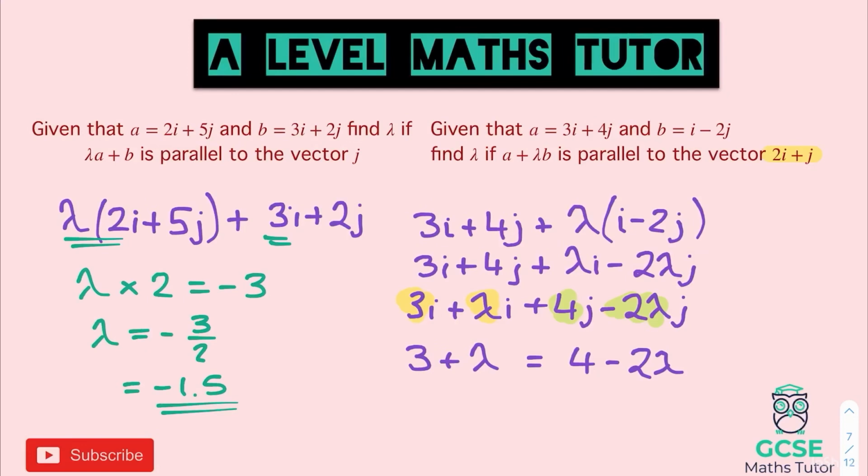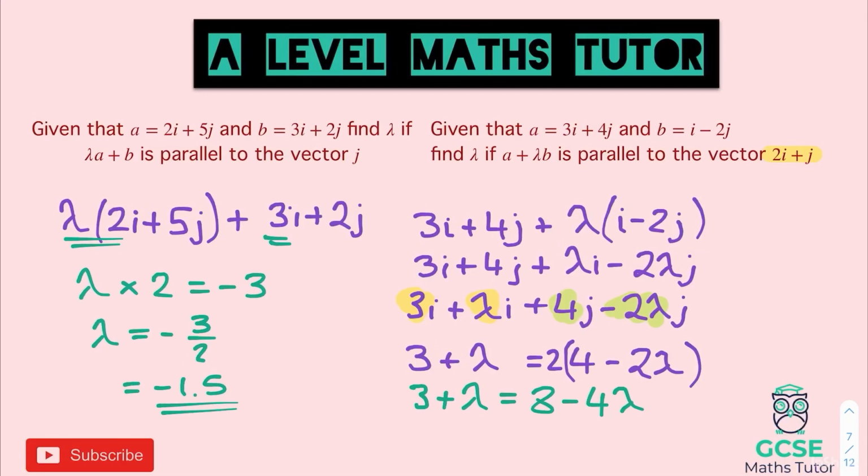Now let's look back. It says it's parallel to the vector 2i plus j. So the coefficients of i are double the coefficients of j, so we're going to multiply the right hand side by 2. If we multiply the right hand side by 2 and expand that out, we get 3 plus lambda is equal to 8 minus 4 lambda.